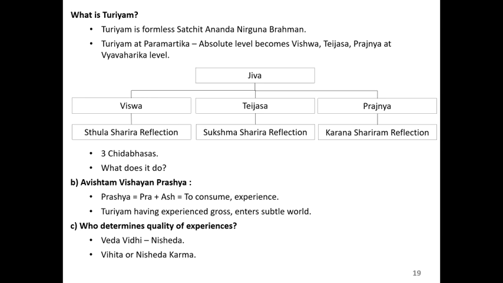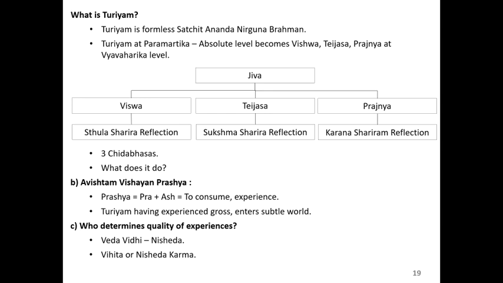When we experience these three states, the names are given as Vishwa, Taijasa, Prajna. Try to remember these Sanskrit names because throughout Mandukya, we are going to use these three words. When I say Vishwa, you should know it is the waker. And the waker is always with what? He is always with the Sthula Sharira.